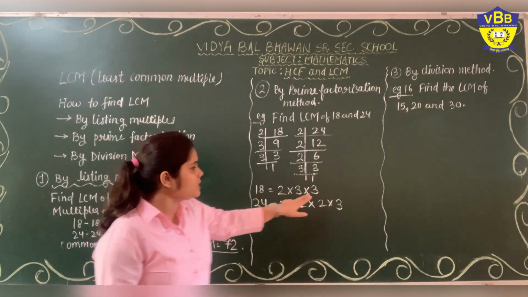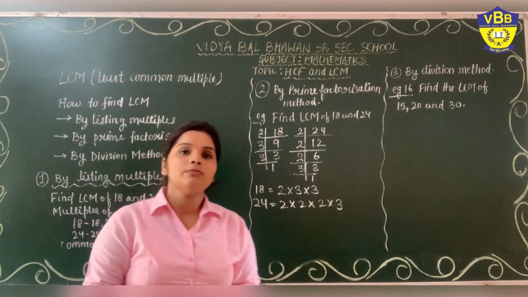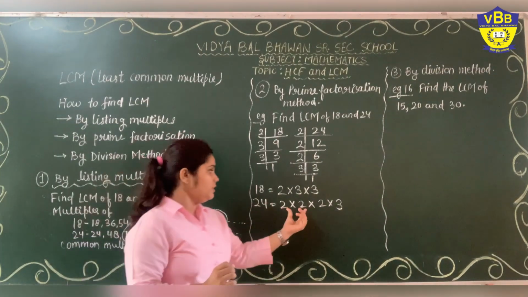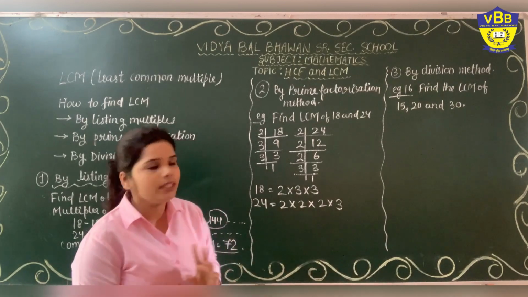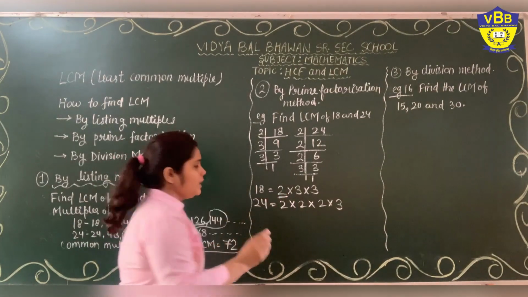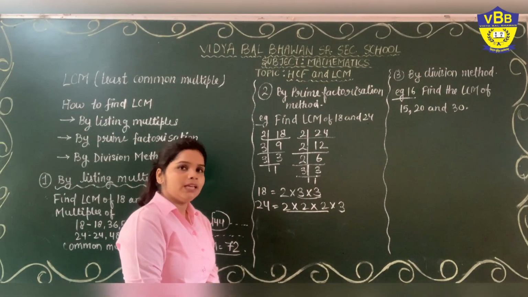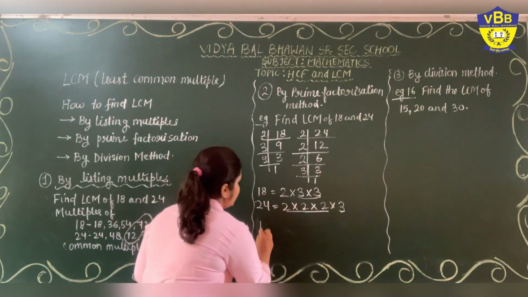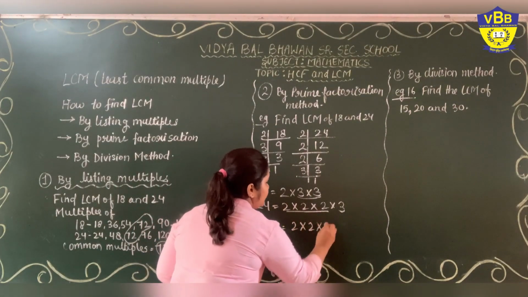Now you have to look at the maximum number of times each comes. 2 is coming 1 time here and 3 times here. So 2 is coming a maximum of 3 times. So LCM will have 2 multiply 2 multiply 2.